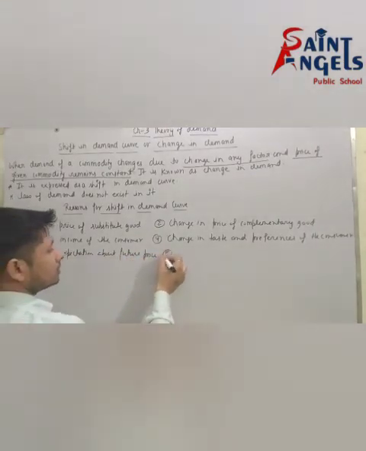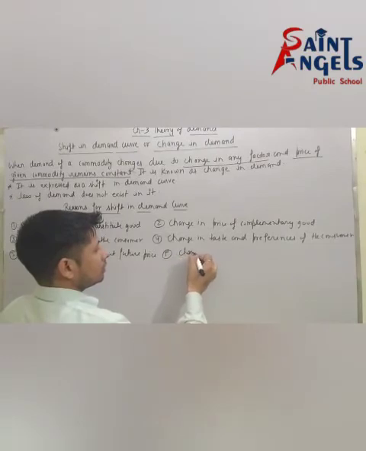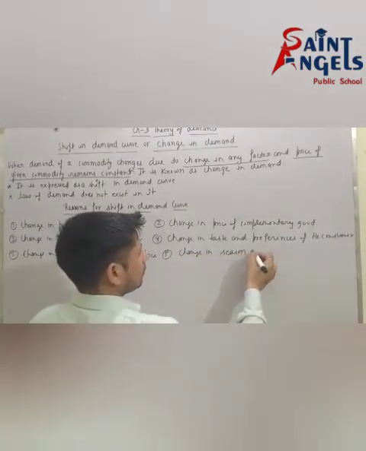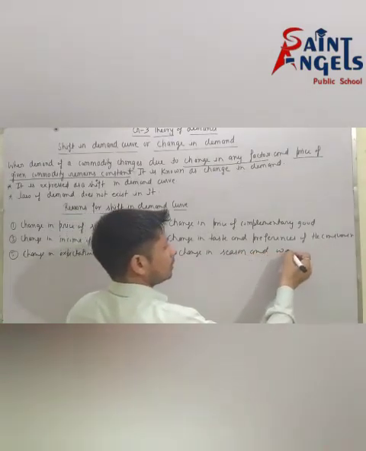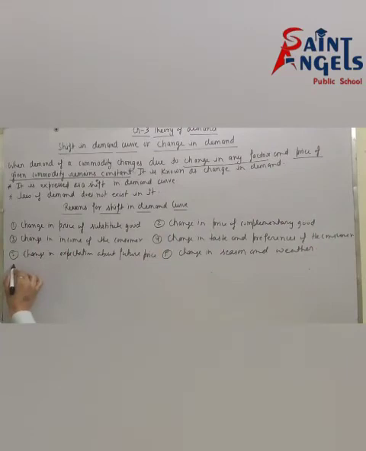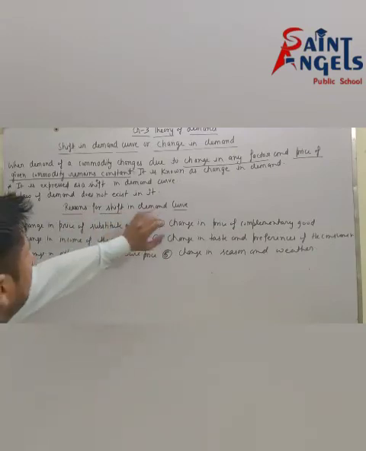Sixth reason is change in season and weather. Seventh reason, change in population. These are the reasons for a shift in the demand curve.